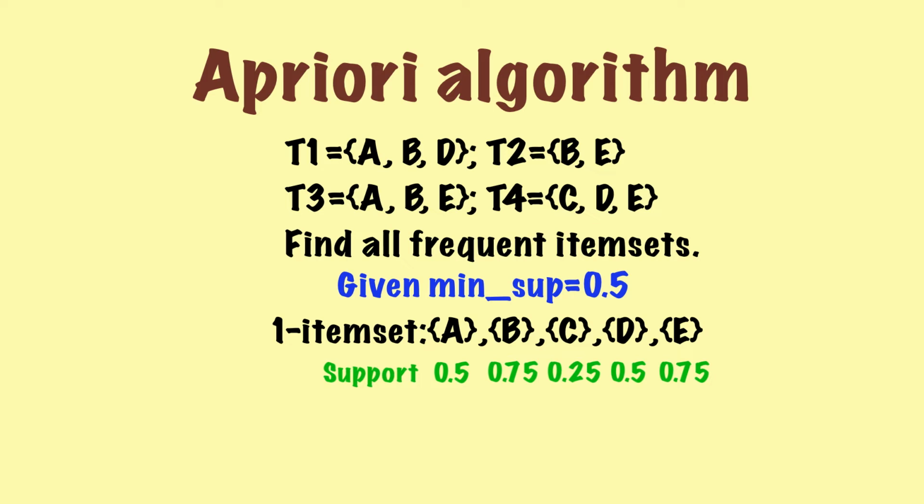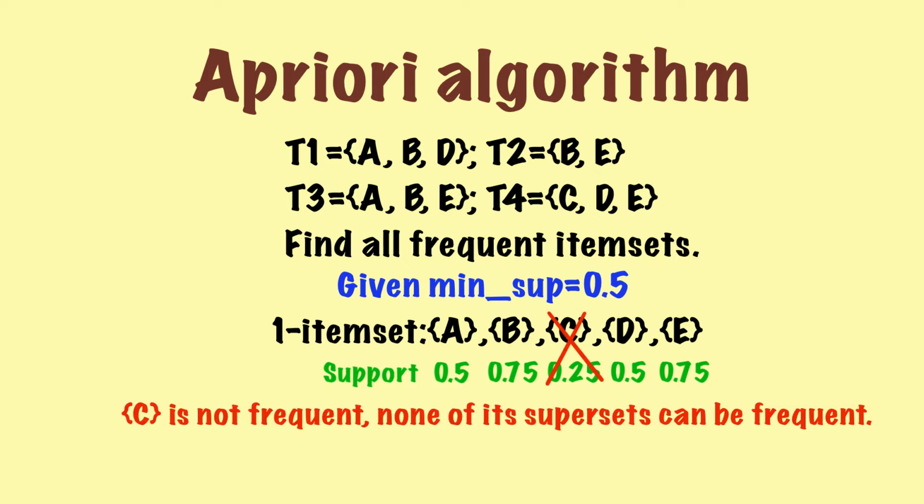You can check the numbers by yourself. Then, we cross out the non-frequent item sets because from the a priori property, we know that if an item set is not frequent, none of its supersets can be frequent. In other words, we don't have to consider the item sets containing C anymore because they can't be frequent.